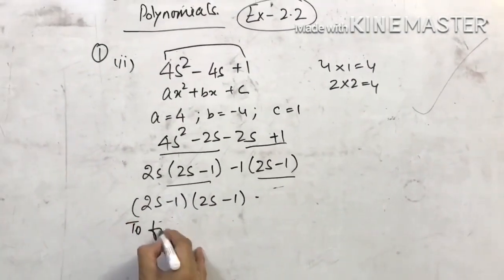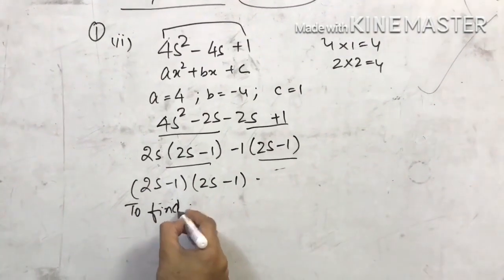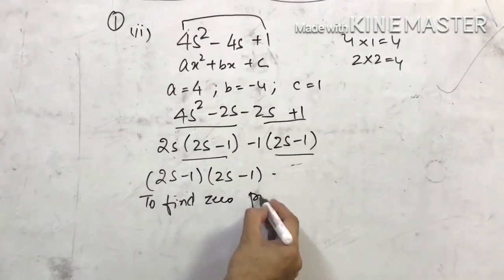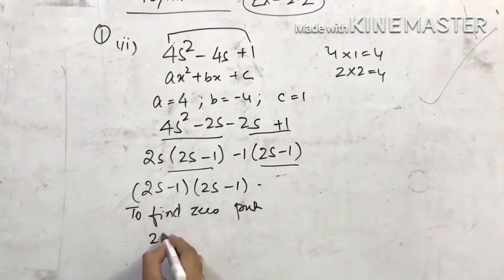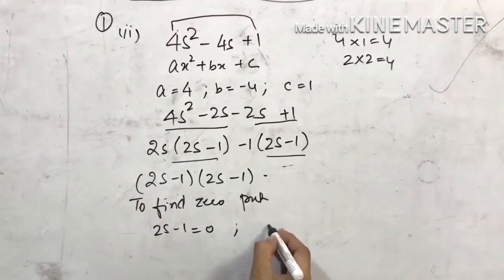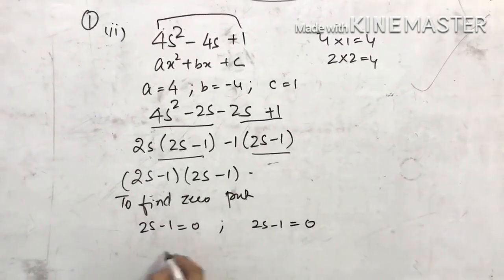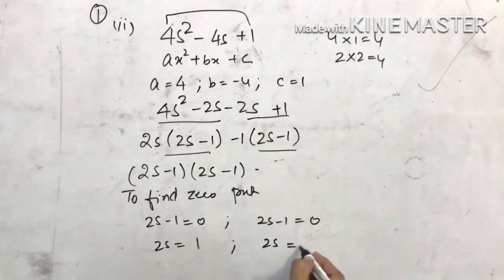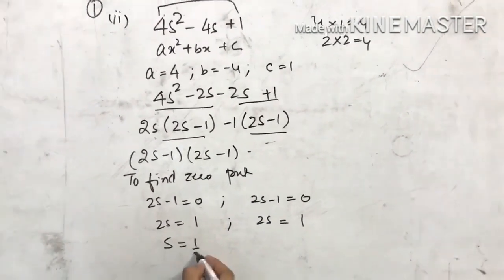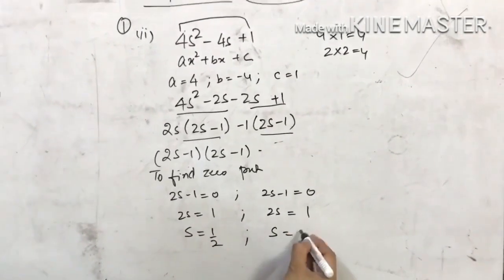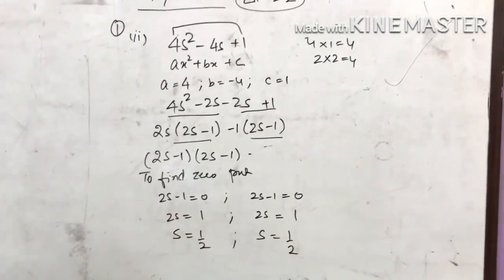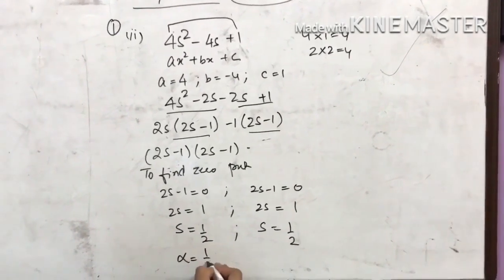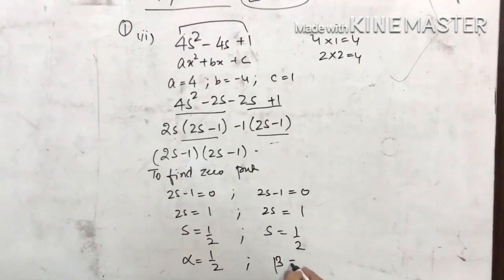Now to find zeros, you know, you want to find 0, you have to put these factors equal to 0. Now you can see in both the cases you are getting same roots. So consider alpha is equal to half and beta is equal to again half.